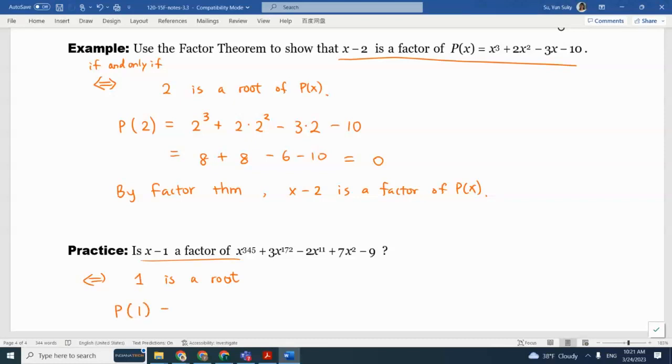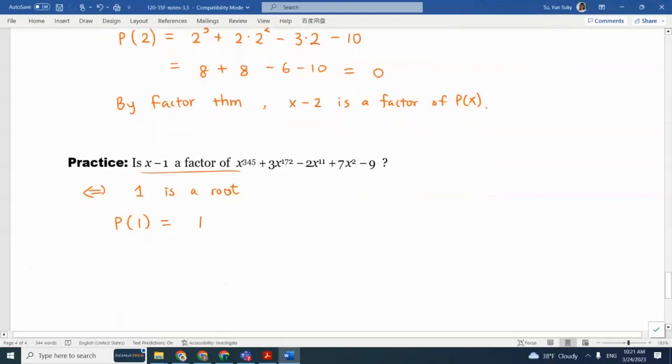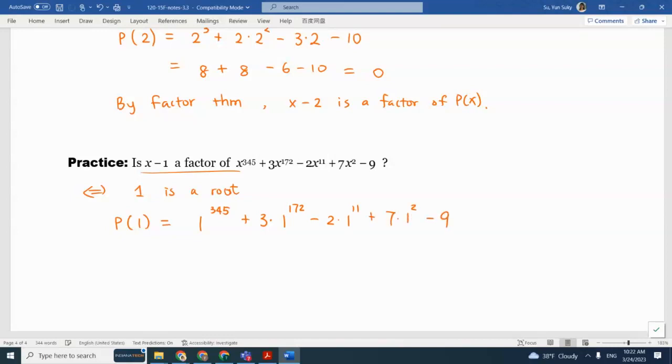So we plug in 1 into the function. Yeah, everybody? We plug in 1 into the function. So 1 to the 345, 3 times 1 to the 172, 2 times 1 to the 11 plus 7 times 1 squared minus 9. 1 to the whatever power is 1. Ooh, you see, this is 1. 3 times 1 is 3, minus 2, plus 7, minus 9.